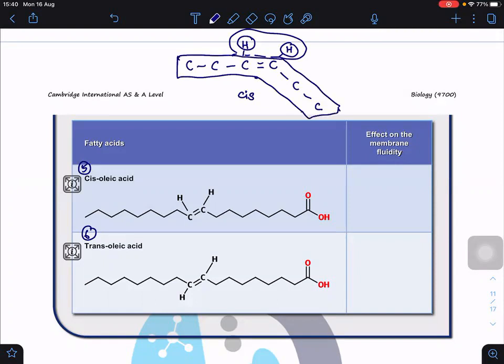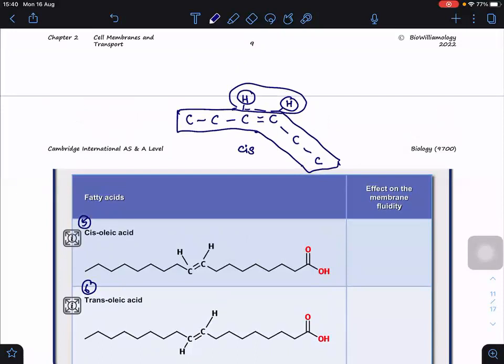So we won't be able to pack our phospholipid molecules tightly. But how about the trans? Trans happens like this. Okay, so you have C, C, C, double bond C. Because of the H, one H here, another H here, it makes the molecule relatively linear.